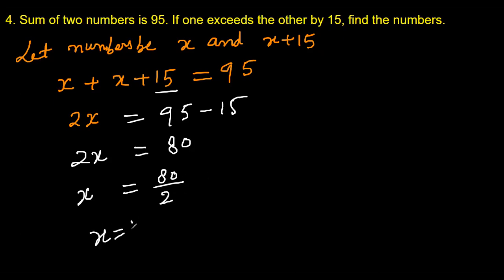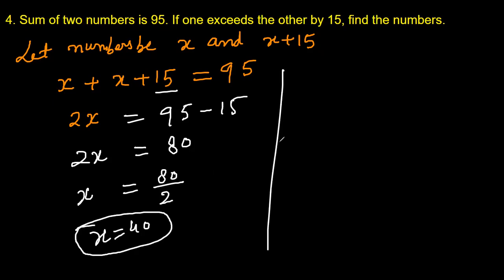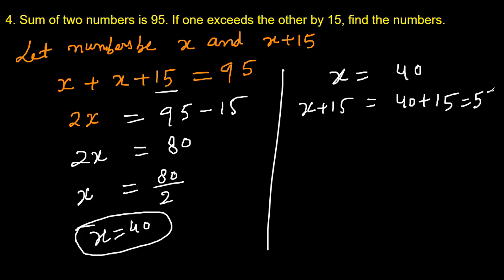So x is equal to 40, and you can easily say one of the numbers is x, which is 40. The other number, which is x plus 15, is going to be 40 plus 15, that is 55.